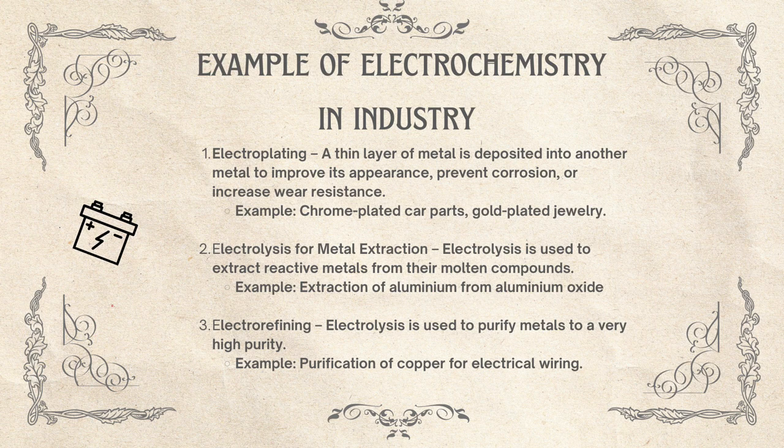For example, chrome-plated car parts and gold-plated jewelry. Second, electrolysis for metal extraction. Electrolysis is used to extract reactive metals from their molten compounds. For example, extraction of aluminium from aluminium oxide.